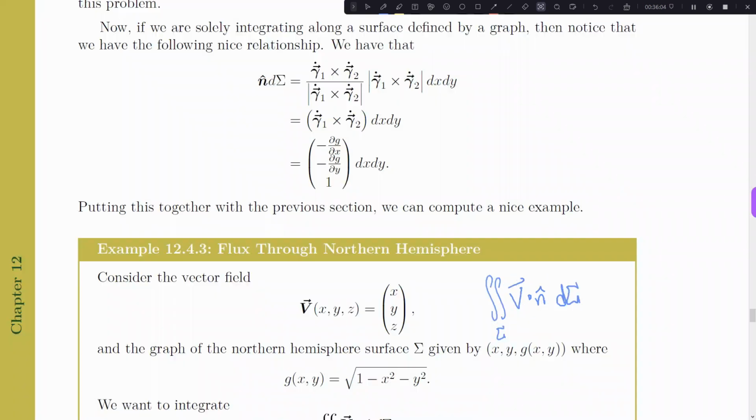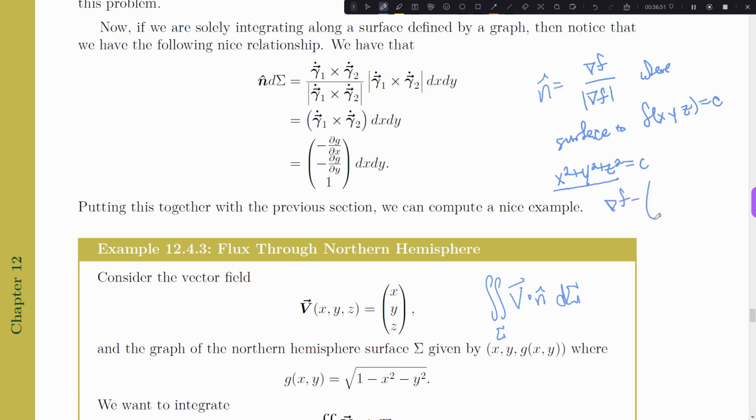So if I calculate the normal, let's recall how to calculate n. It's the gradient of f divided by the magnitude of the gradient of f, where the surface is f of x, y, z equals c. In this case, for a northern hemisphere, the surface is x squared plus y squared plus z squared equals c, and I can calculate the gradient of the left-hand side as 2x, 2y, 2z.